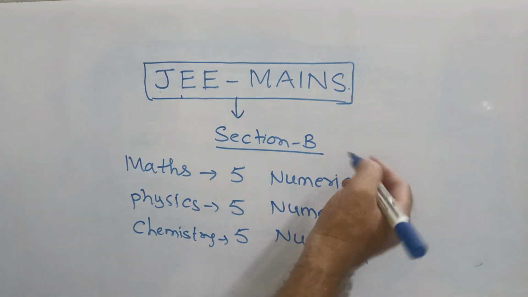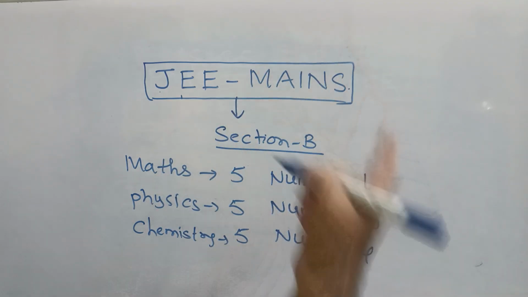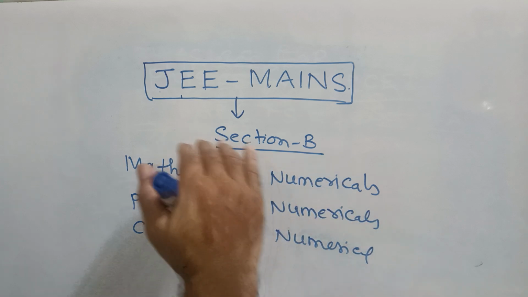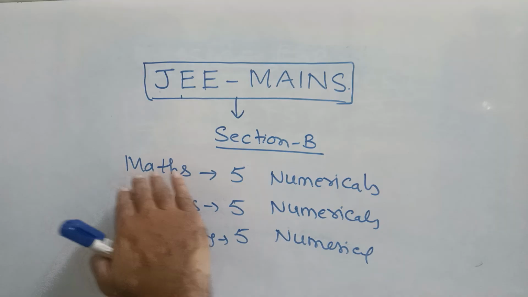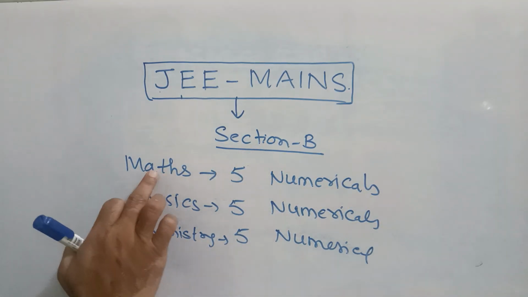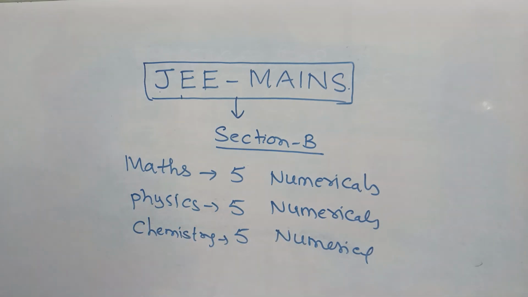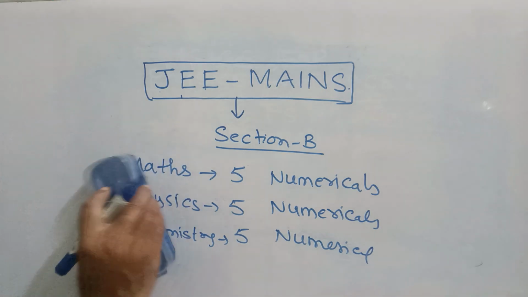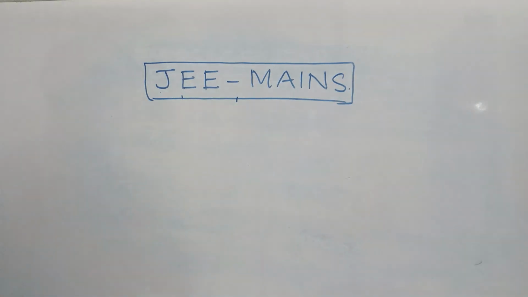So already I told you that in section A, there are 20 multiple choice questions from each subject: 20 from mathematics, 20 MCQs from physics, 20 MCQs from chemistry. Coming to section B, 5 numericals from maths, 5 from physics, 5 from chemistry. Now what is the total pattern in JEE Mains?